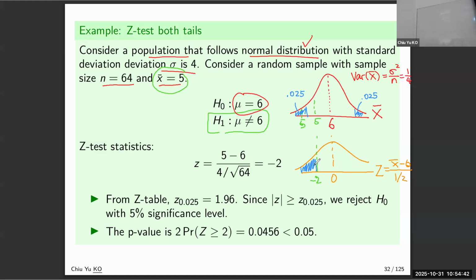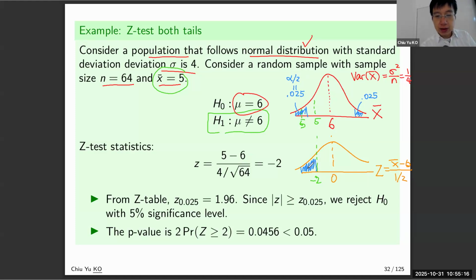Because remember, this is equal to alpha over 2, right? So we say the p-value is the alpha value at which you just reject, because you can adjust the alpha. So that's why when you calculate this, you multiply by 2, right? Of course, you will say, okay, why don't I just compare this to alpha over 2? That's also fine. But the classical way is we have to calculate the p-value. It's defined this way, okay? So this is the convention.